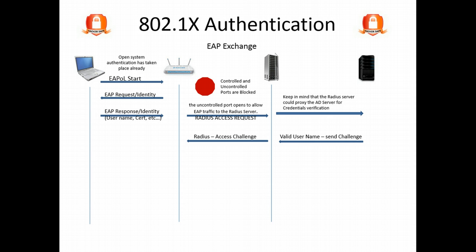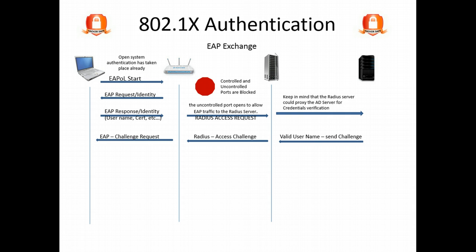Now, for sake of understanding this particular video, we're going to call this access challenge a password. There's lots of flavors of EAP out there that have tokens, certificates, things like that. We're going to call this a password just to understand what we're looking for right now.